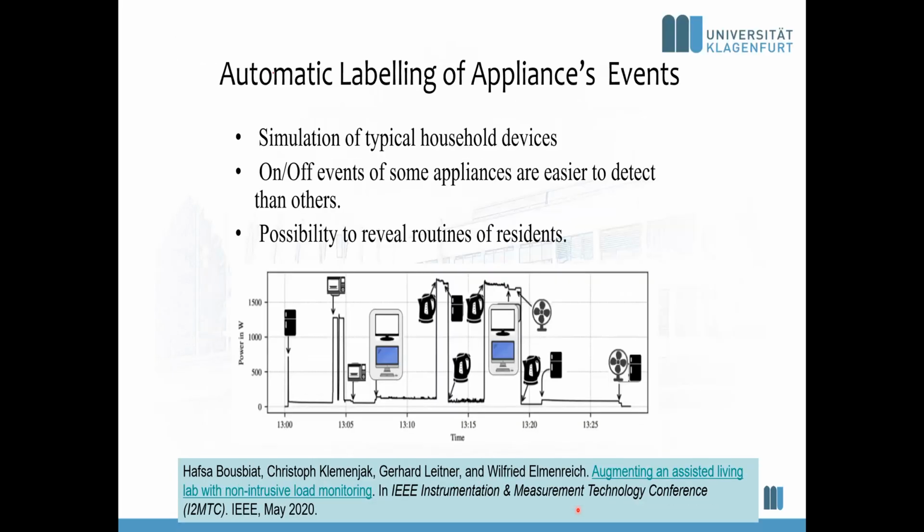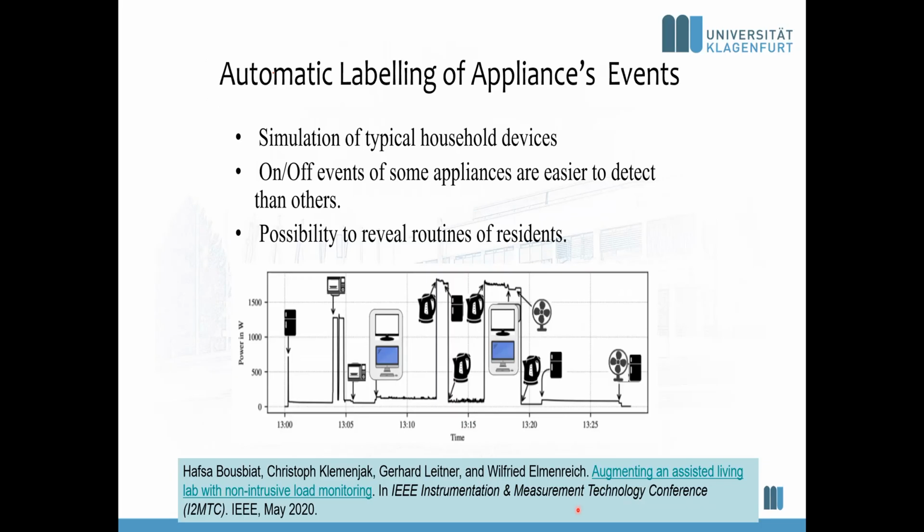Another problem is if you have the household devices, and you don't get a list of initial household devices from the user first. So you don't know which devices are in there. So you need to kind of label the appliance events and find out what is running there.